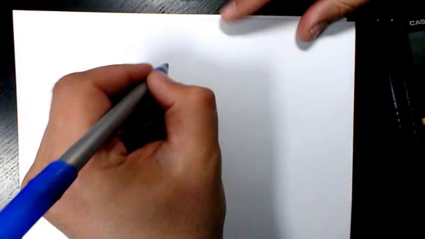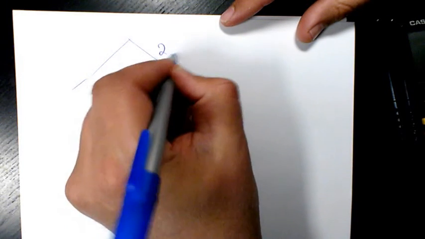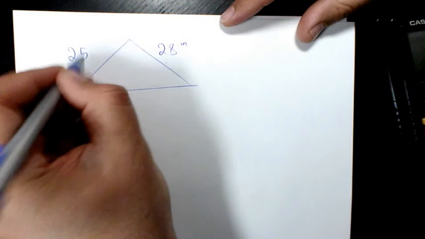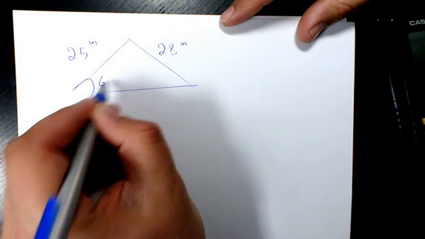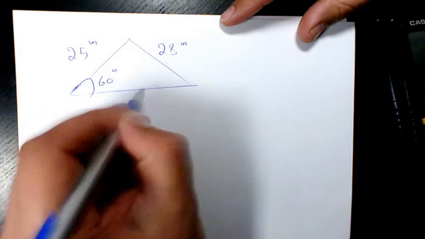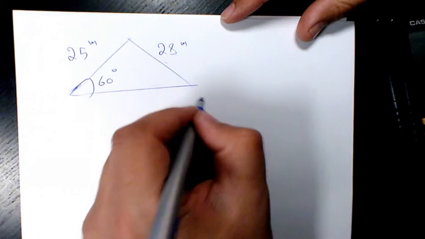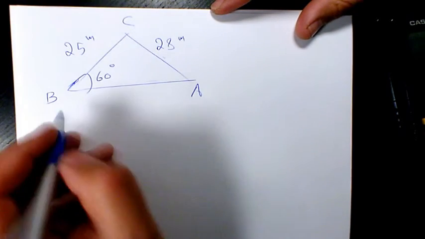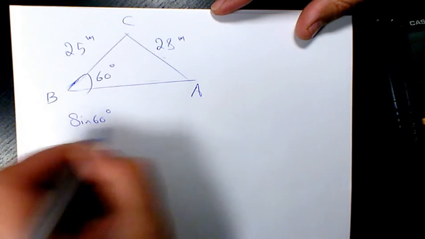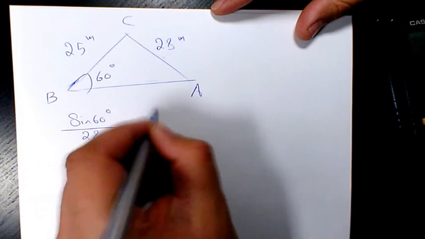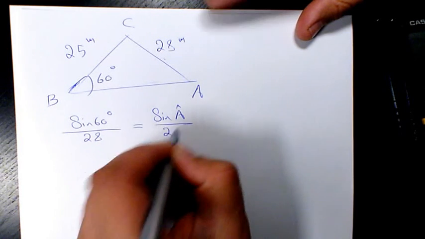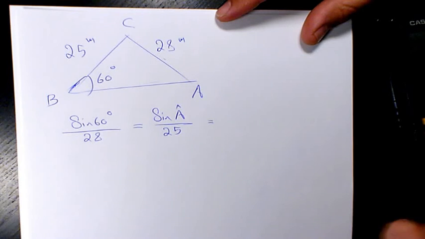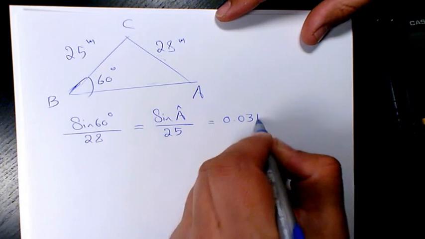Last one is gonna be 28 meters, 25 meters, 60 degrees. A, B, C. So I'm gonna say sine 60 degrees over 28 equals to sine A over 25. So sine 60 divided by 28 is going to be 0.031.